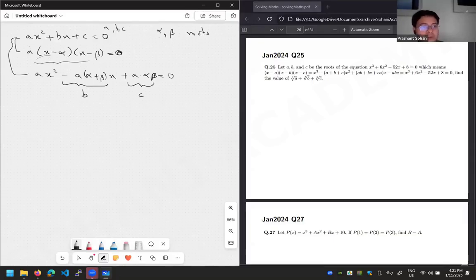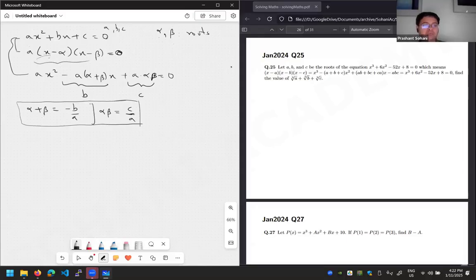Okay, and if you rearrange this information, the conclusion is that the sum of the roots alpha plus beta is minus b by a, and the product of the roots is c by a. So even if you don't know the values of alpha beta, you can find the sum and the product directly from the coefficients.